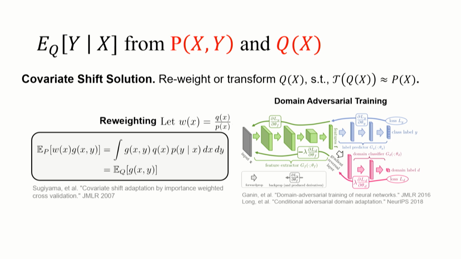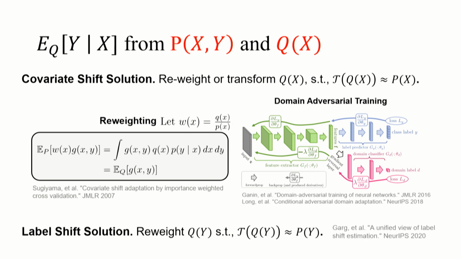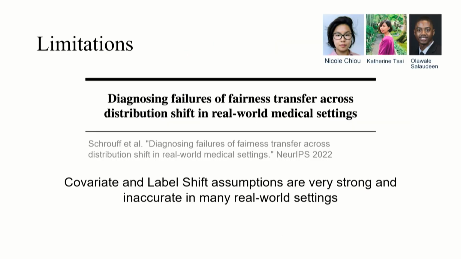So if you look through the methods, you can explain them as finding a good reweighting of your target distribution to look like your source distribution, such that I can use the model I already have in the source, and it will work out of the box in this refined target. You can do the same thing if I have a label shift setting. So again, there's some massaging, and a literature exists and tools that work well out of the box.